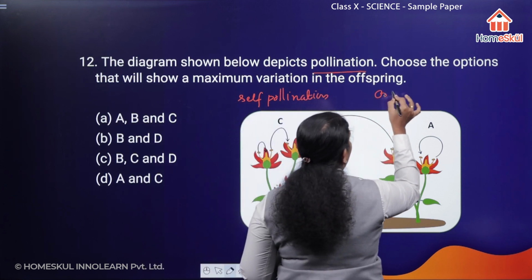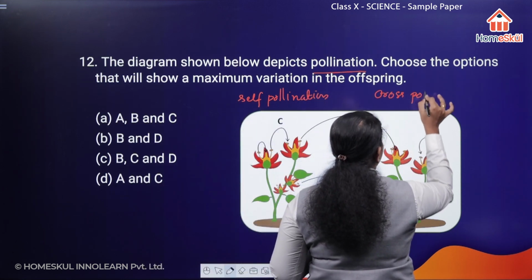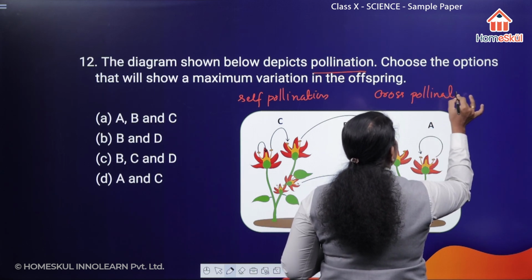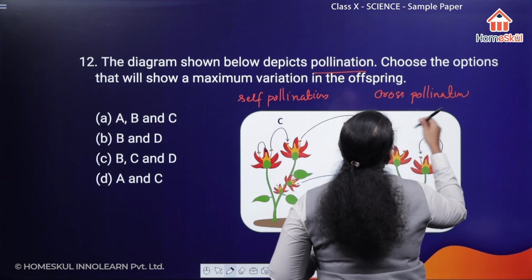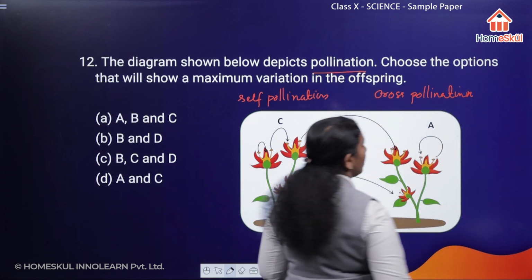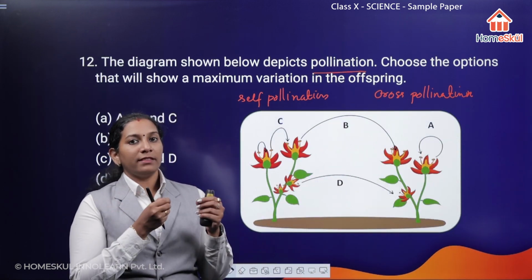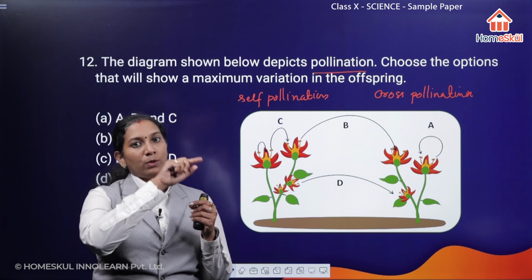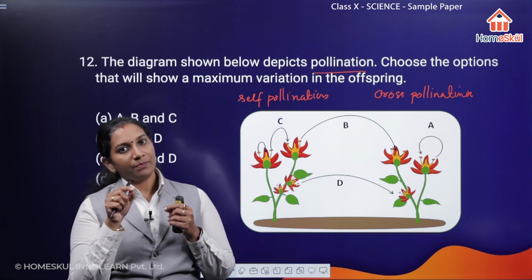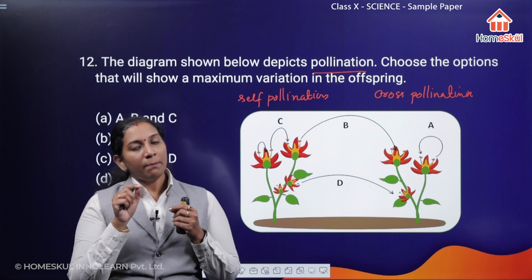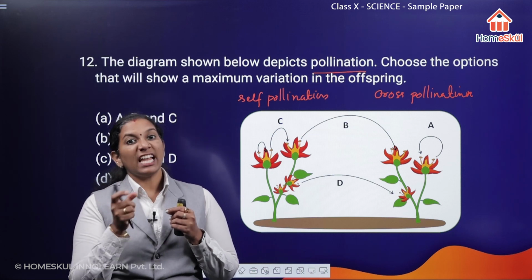We have cross-pollination, right? So in self-pollination, what will happen? In self-pollination, the pollen grains from anthers of a flower will be deposited on the stigma of the same flower, right? Or the same plant.